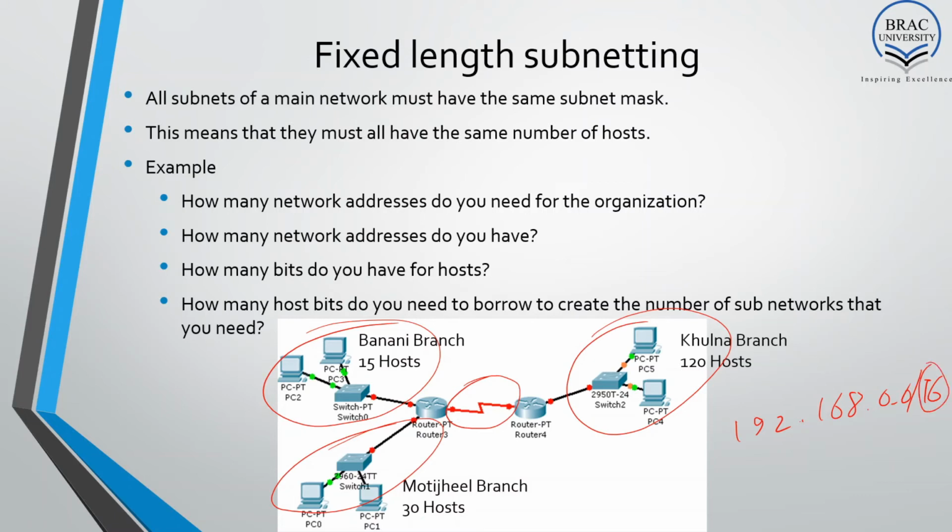In this case, I have 16 bits for hosts. And how many host bits do you need to borrow to create the number of subnetworks that you need? I'll leave this for you to think about, how many host bits you need in total to create all these subnetworks. I'll create another supplement video if you need help here.